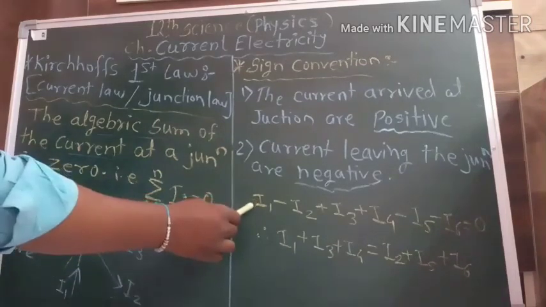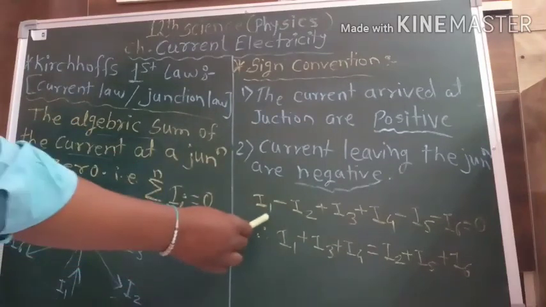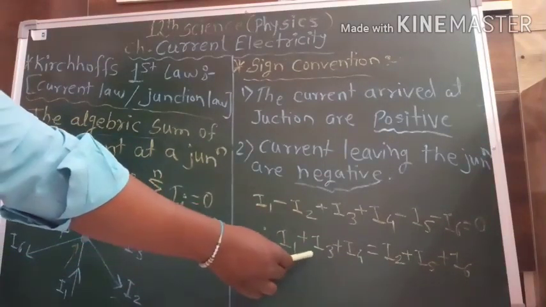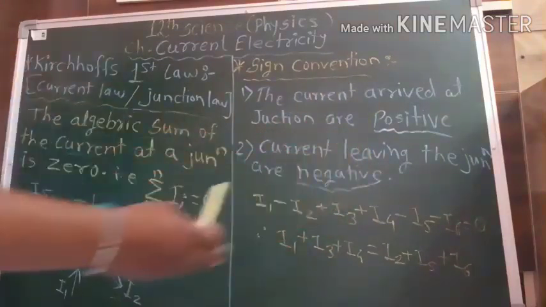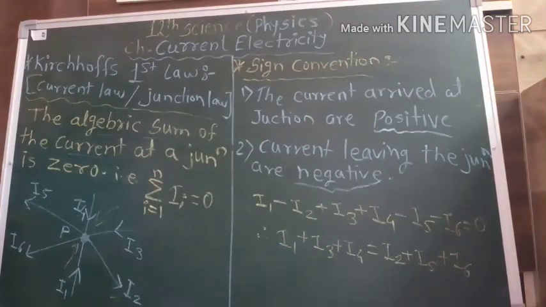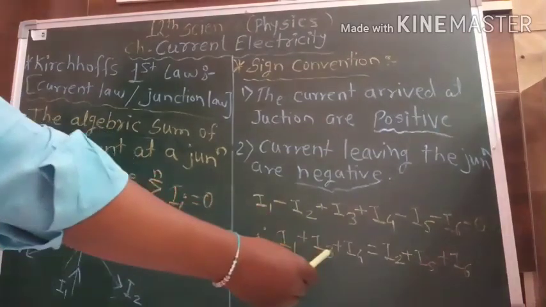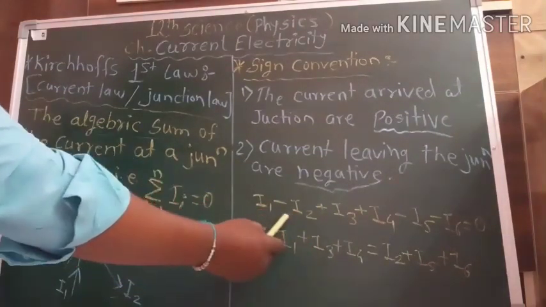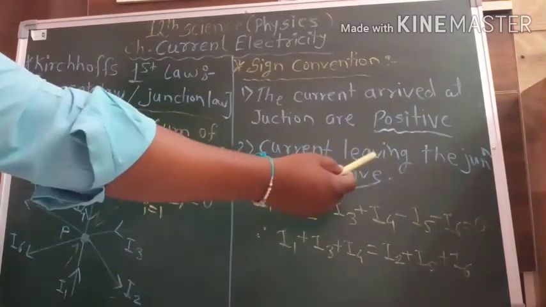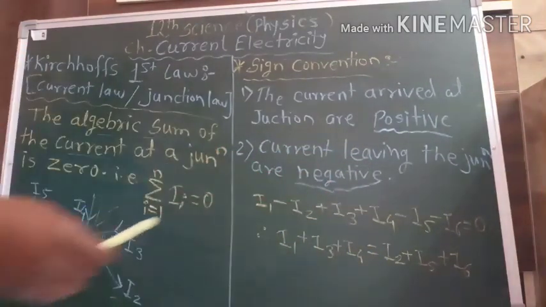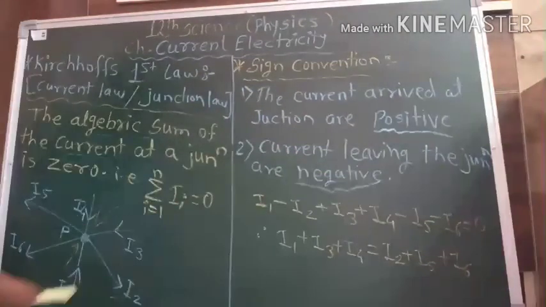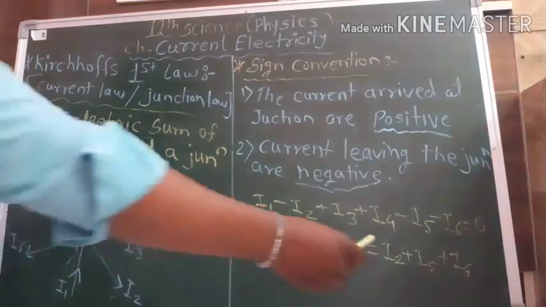In that equation, the negative terms are moved to the other side: minus I2 becomes plus I2, and similarly minus I5 and minus I6 become plus I5 plus I6.